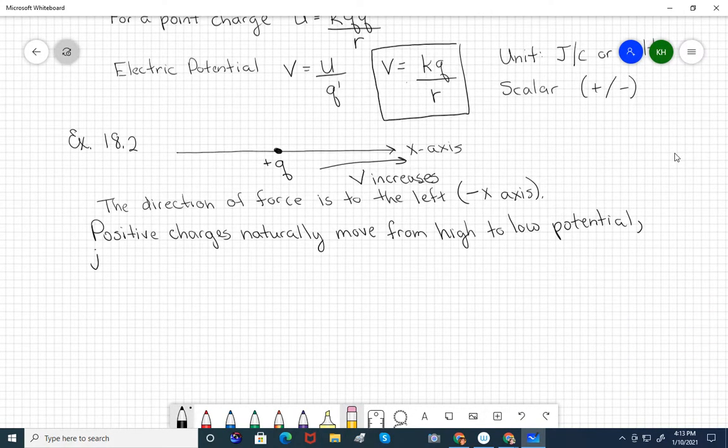This is just like masses naturally fall from high to low gravitational potential.